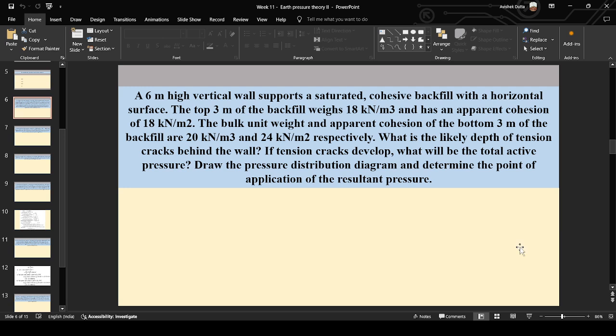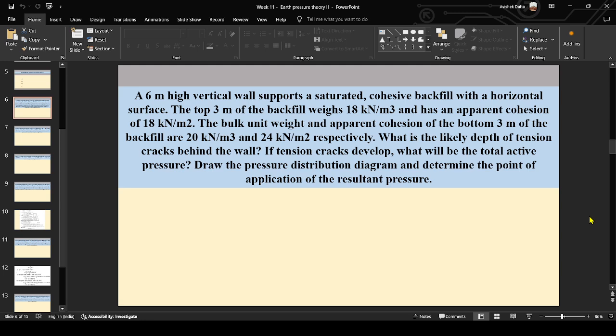I'll repeat the question. A 6-meter high vertical wall supports a saturated cohesive backfill with a horizontal surface. The top 3 meter of the backfill weighs 18 kilonewton per meter cube and has an apparent cohesion of 18 kilonewton per meter square. The bulk unit weight and apparent cohesion of the bottom 3 meter of the backfill are 20 kilonewton per meter cube and 24 kilonewton per meter square respectively.